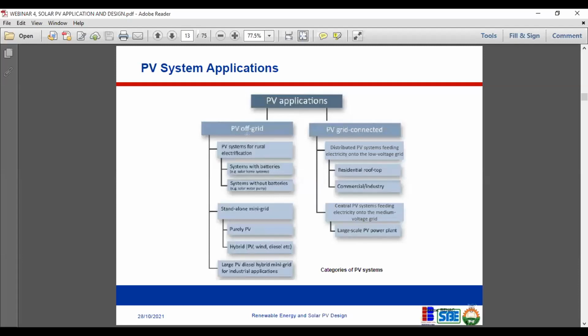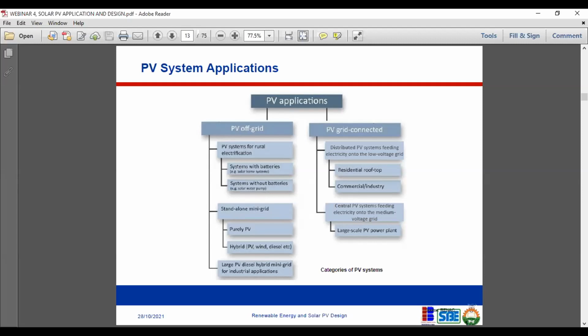For the off-grid systems, you have PV systems for rural electrification. Most rural communities are not connected to the national grid. For those kinds of communities, it becomes best and more viable to connect them using solar systems for off-grid electrification.